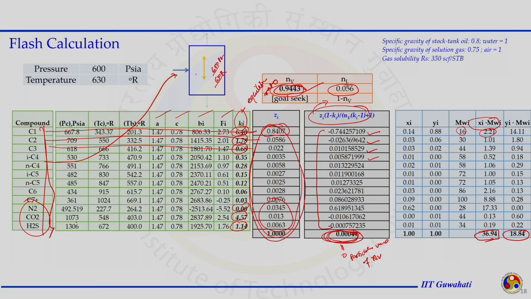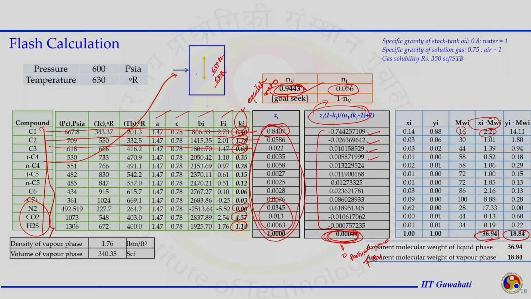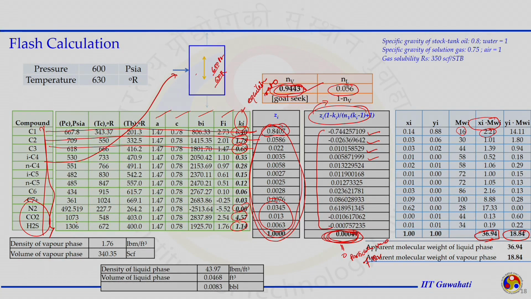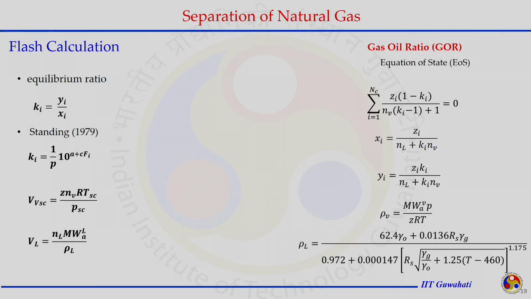Knowing the apparent molecular weight of the liquid phase and vapor phase, we can calculate the density of the vapor phase as well as the volume of the vapor phase. Using the equations shown in the previous slide, we can calculate the density and volume for both phases, liquid and vapor, and if we do so, we are able to calculate GOR, the gas to oil ratio. So, the flash calculation will tell us how we can calculate GOR along with other things.